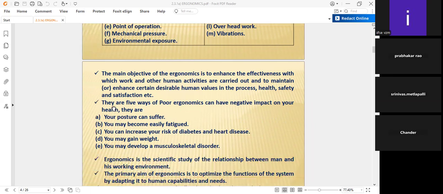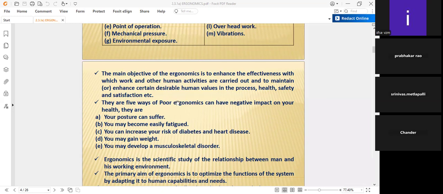You know that there are 5 ways poor ergonomics can have a negative impact on your health, because employees are not supposed to suffer, but these are the poor ergonomics. Your posture can suffer, because while bending, as we told yesterday about manual bending, the spinal cord should be kept straight, the arms kept below the object, the fingers not exposed, and only the palm of the hand used for the grip.